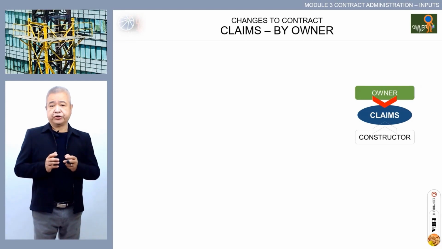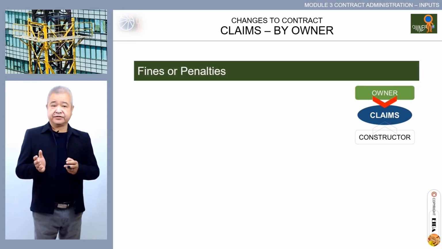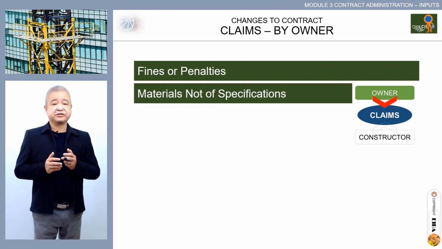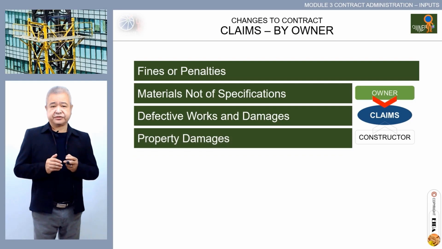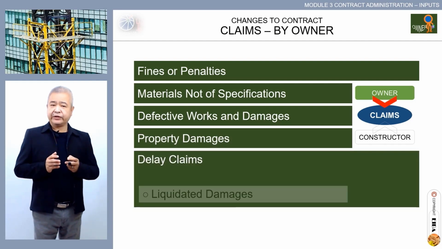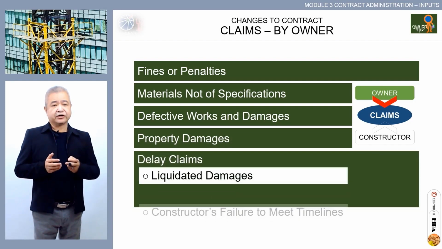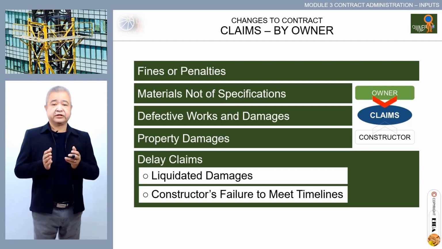Claims by owner. The following are the common items: fines or penalties, materials not of specifications, defective works and damages, property damages, delay claims, liquidated damages, and the constructor's failure to meet timelines. We start with fines or penalties.